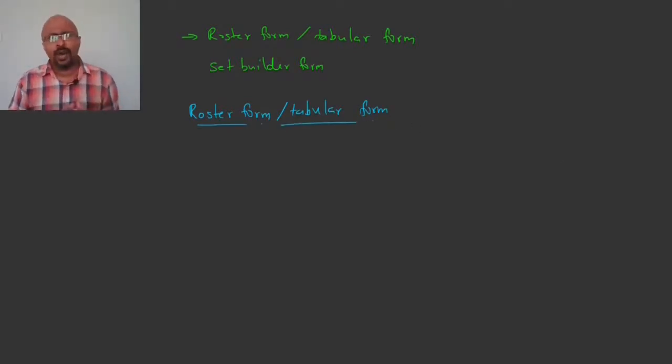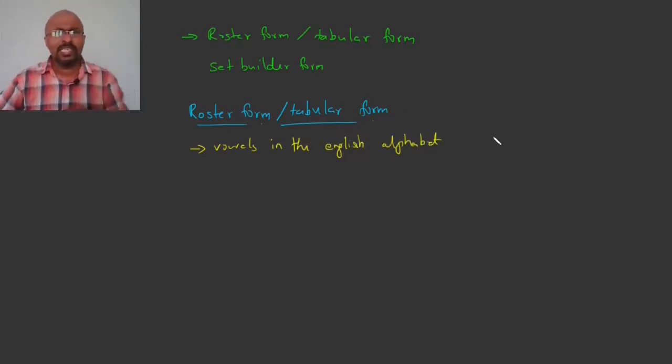In roster form, all the elements of a set are listed. The elements are separated by commas, and are enclosed within braces. Let us understand it with an example. One example we already discussed in the previous video is vowels in the English alphabet.